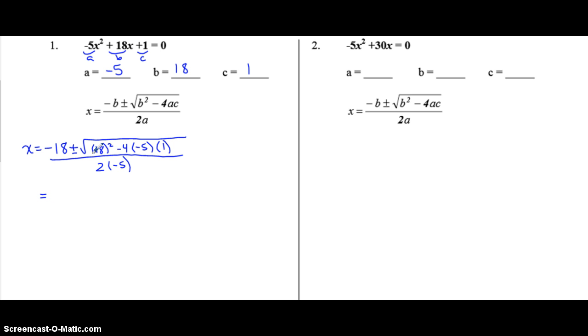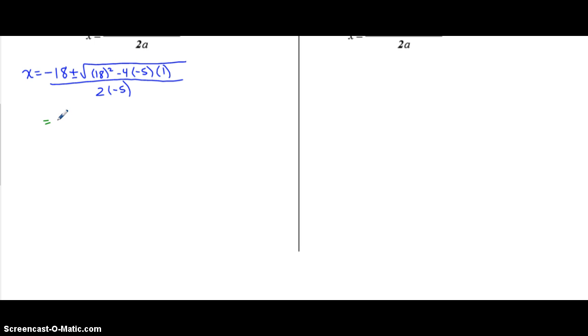Now, the next step is to calculate what's under the square root sign using your calculator. 18 squared minus 4 times negative 5 times 1 is 344. So you have negative 18 plus or minus the square root of 344 over 2 times negative 5, which is negative 10.